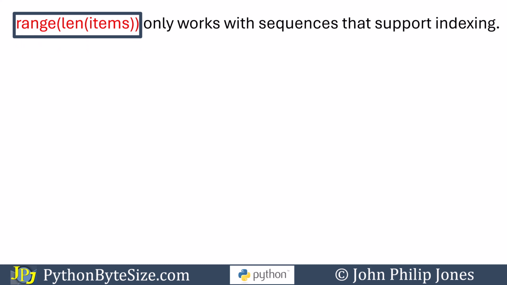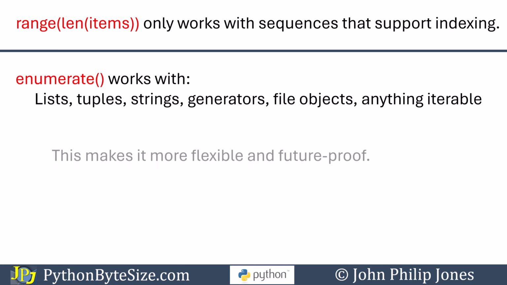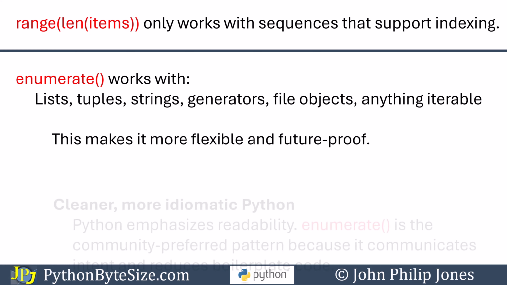The range and len approach only works with sequences that support indexes. Now, enumerate works with lists, tuples, strings, generators, file objects, anything that is iterable. This makes it more flexible and future-proof.